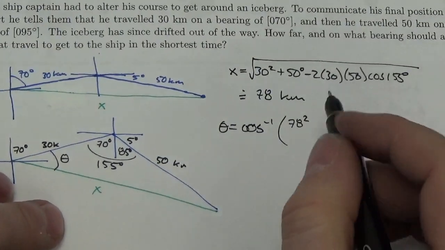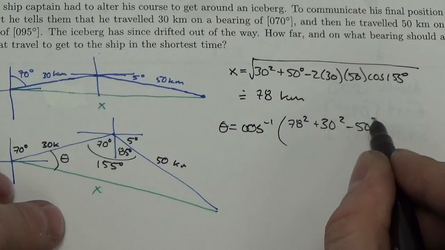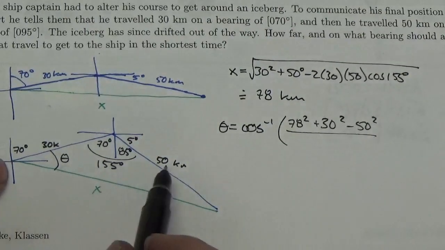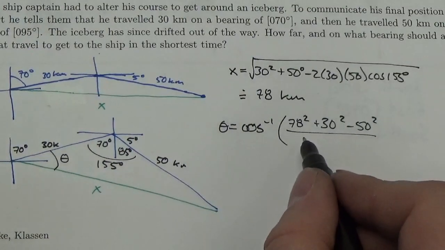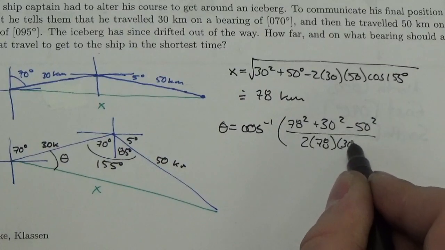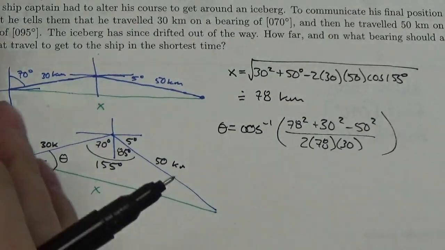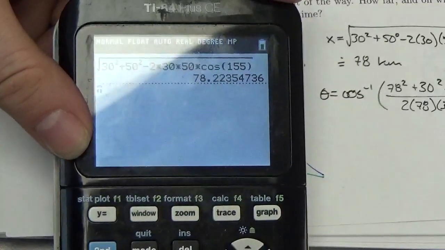I'm going to use what the calculator gave me, plus 30 squared minus 50 squared, and I'm subtracting the 50 squared because that's the side that's opposite the angle I'm looking for in the triangle, divided by 2 times 78 times 30.